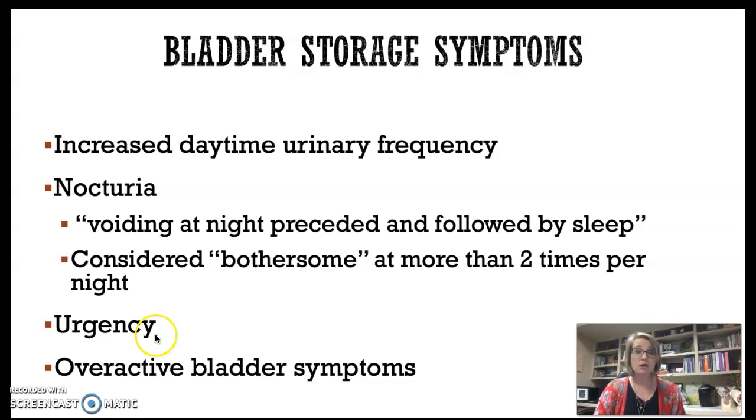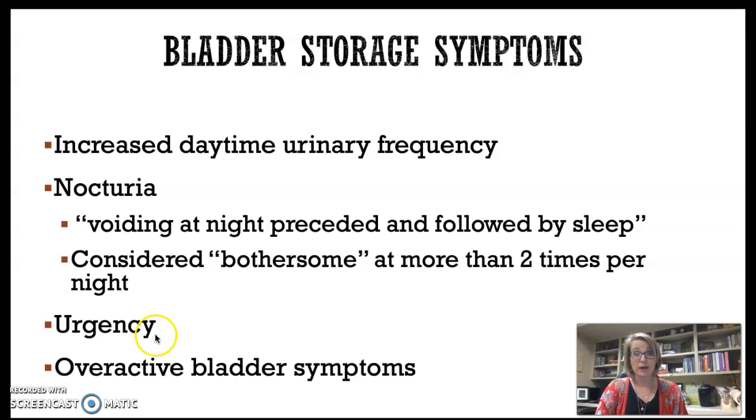Our typical habit of going to the bathroom should be a 2 to 5 hour voiding interval. And sometimes, depending on what you're drinking, so it does depend on the context and the situation, you may urinate less time than that. But as a whole, we want to shoot for 2 to 5 hours and 8 times in a 24-hour period. That includes at night.